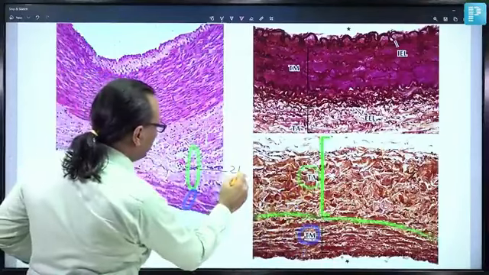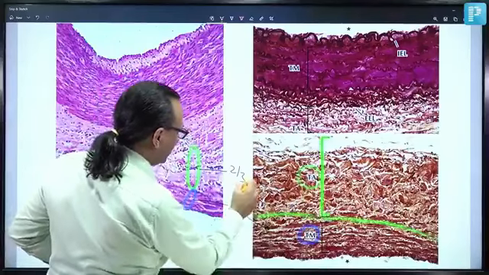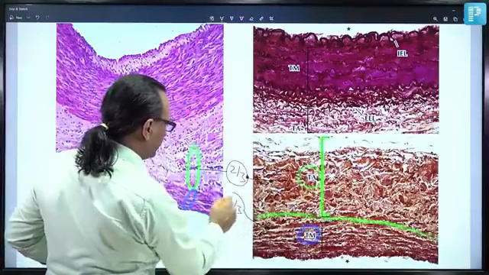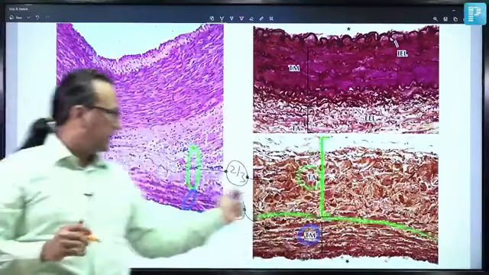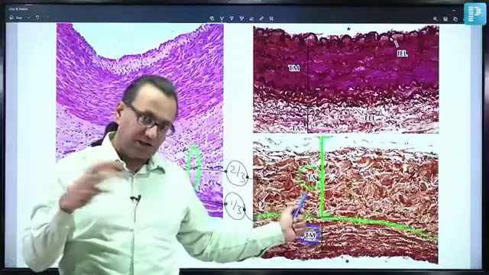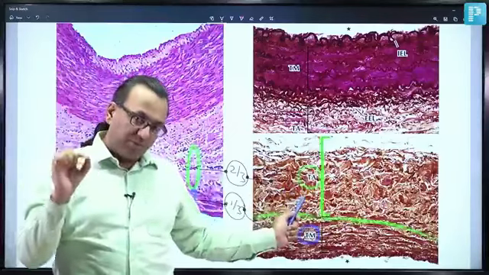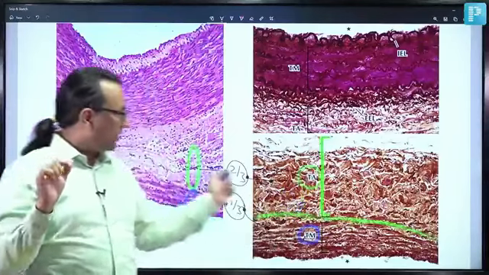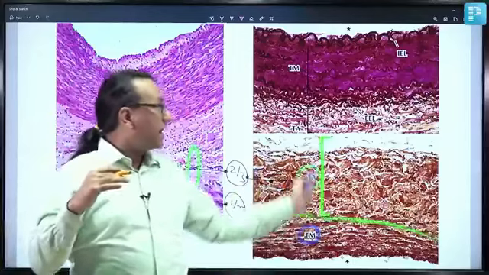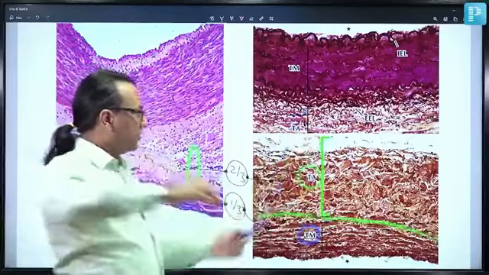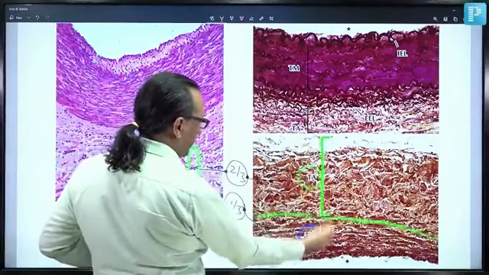Now, once you say 2/3 and 1/3 ratio of the tunica externa and tunica media, you will notice even in case of a vein, the tunica adventitia is made up of collagen fiber, elastic fiber. But additionally, there can be smooth muscle cells as well. See, the difference between the tunica adventitia of a vein and an artery is that the tunica adventitia of a vein is larger compared with the tunica media.